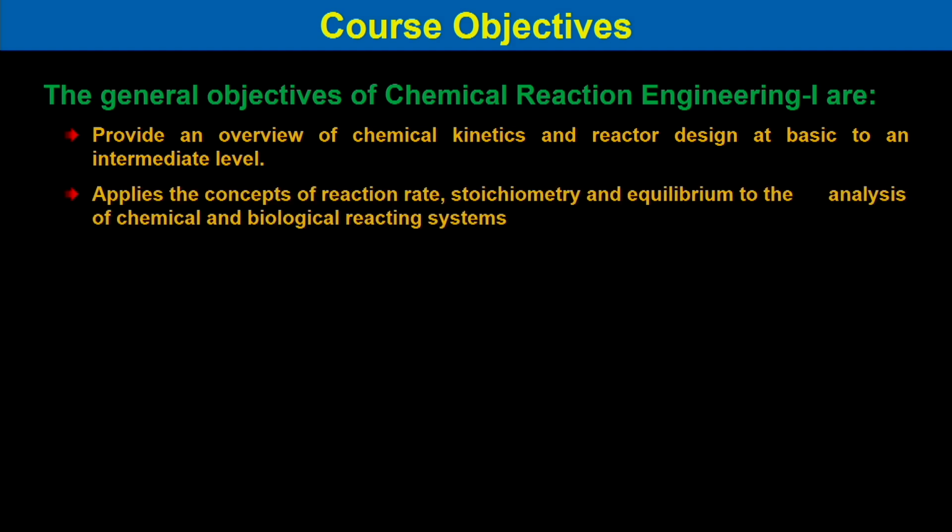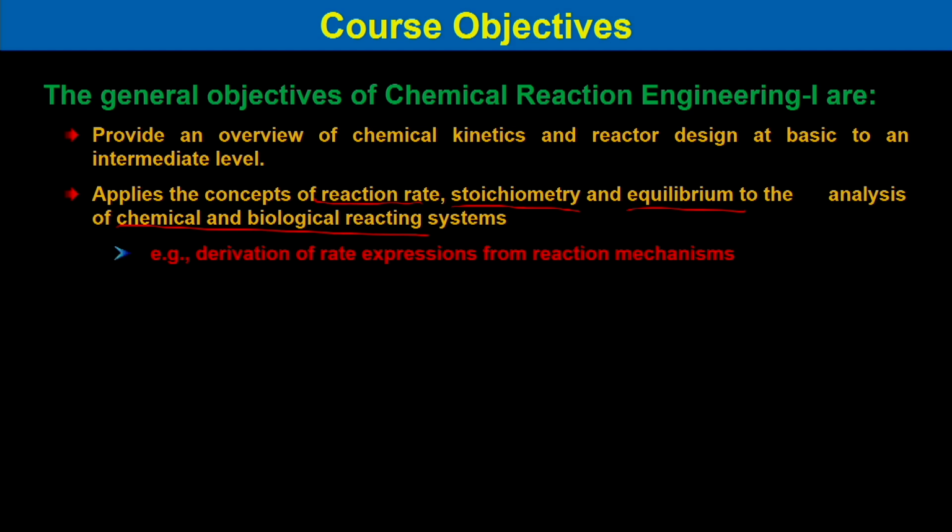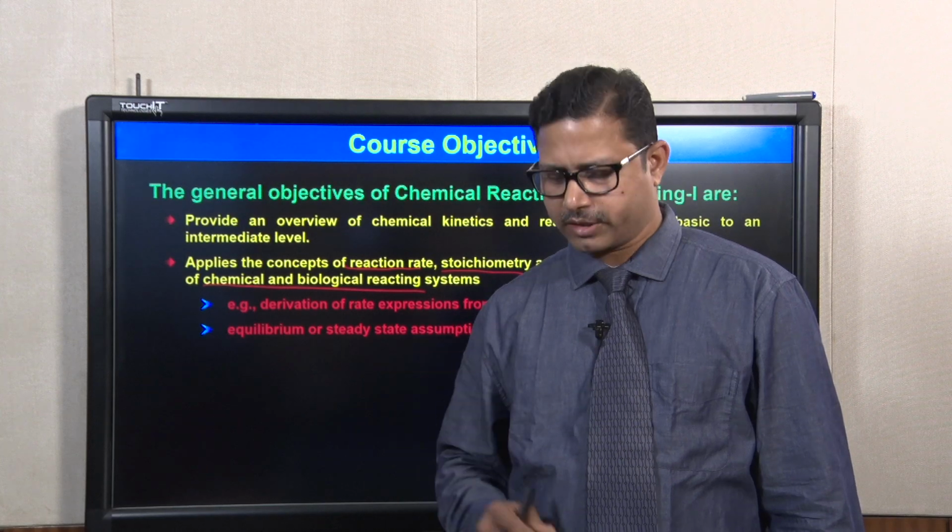And this course will apply the concept of reaction rate, then stoichiometry and equilibrium to the analysis of different chemical and biological reacting systems. For example, derivation of rate expression from the reaction mechanism, or we can take the concept from the equilibrium or steady state assumptions for certain reactions.